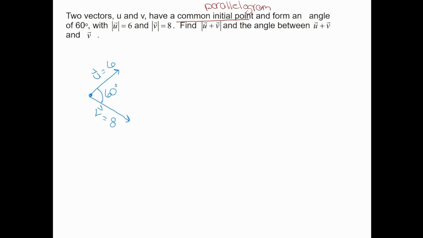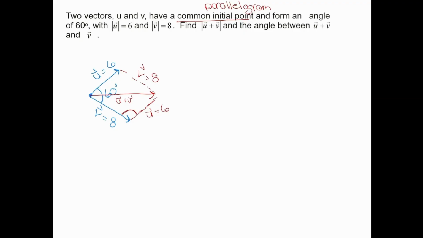That means I am going to create a parallelogram by making imaginary vectors to complete the shape. So this vector here would be equivalent to vector v, and this vector here is equivalent to vector u. Okay, and then my resultant vector comes down the middle, and down the middle will be u plus v. Now, we need an angle.